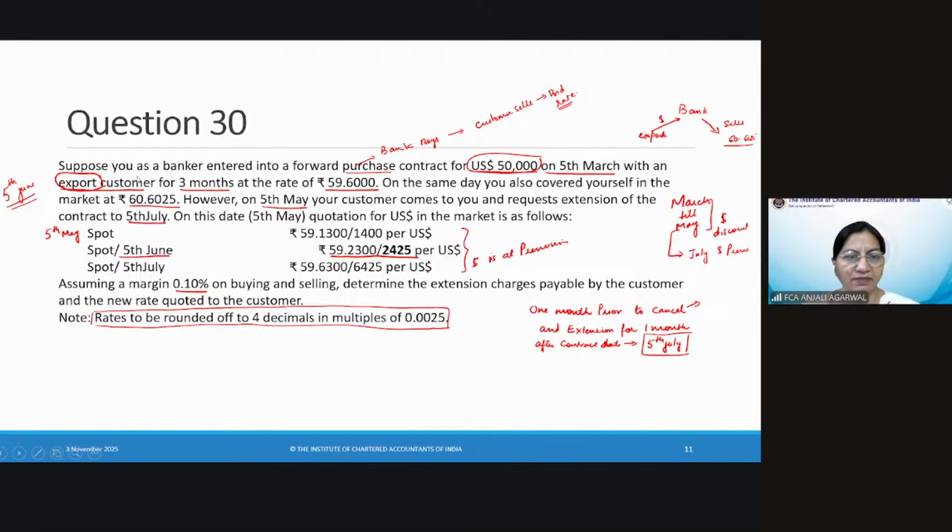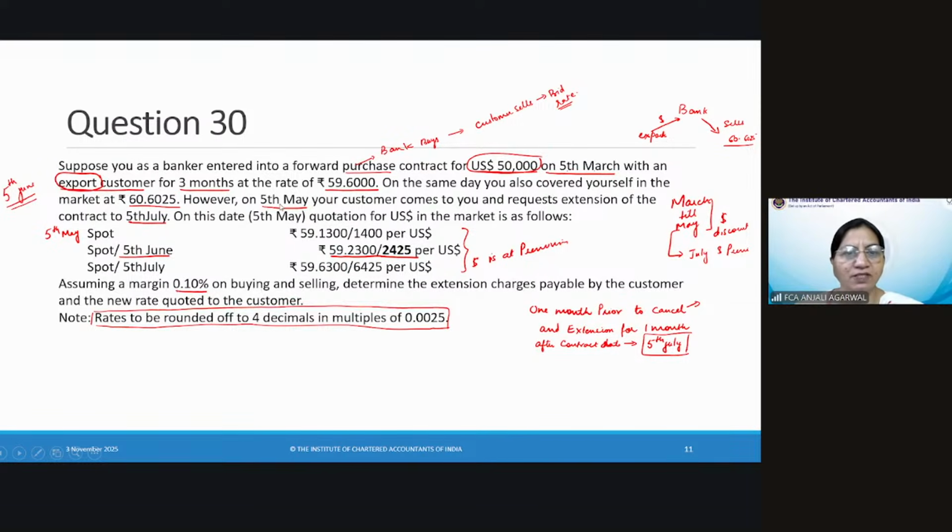Once again, let's look at this. You as a banker entered into a purchase. That means the customer was selling $50,000 for 5th June because he entered into a contract on 5th March for 3 months. So from March, April, May, June, that contract was on 5th June for selling $50,000 at 59.60. So the customer was supposed to sell $50,000 and receive 59.60.